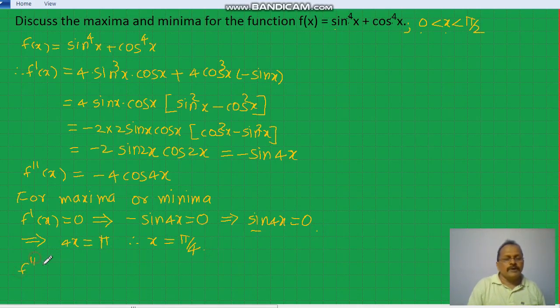Now f double dash pi by 4 is equal to minus 4 times cos 4 into pi by 4, that is minus 4 into cos pi.